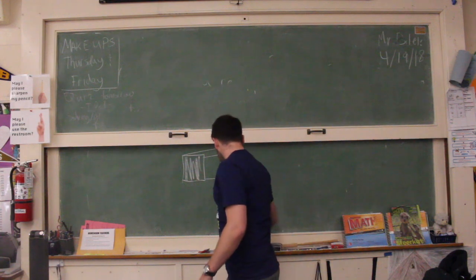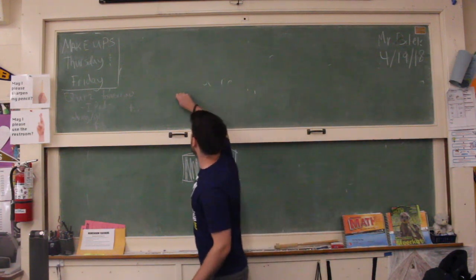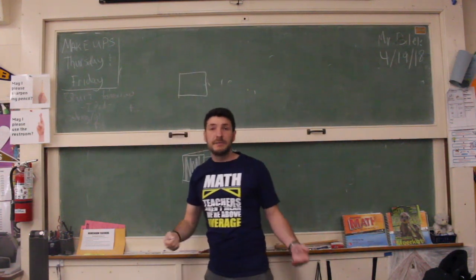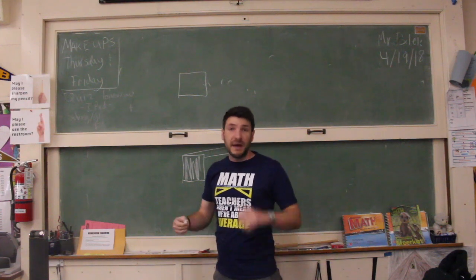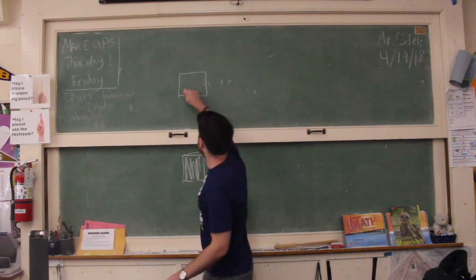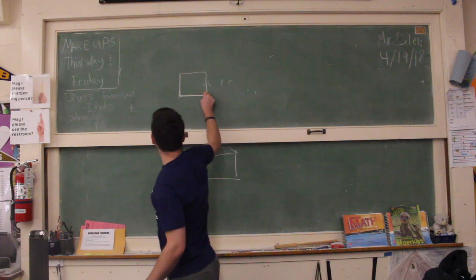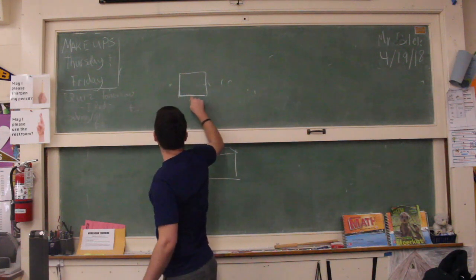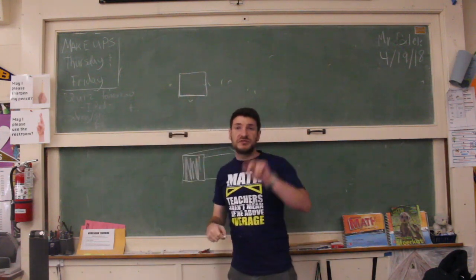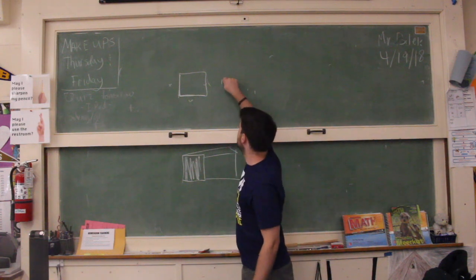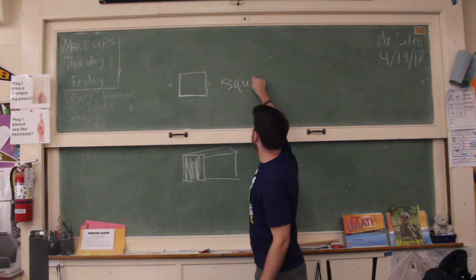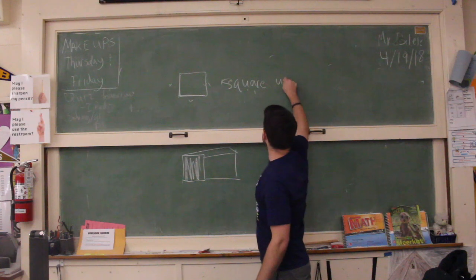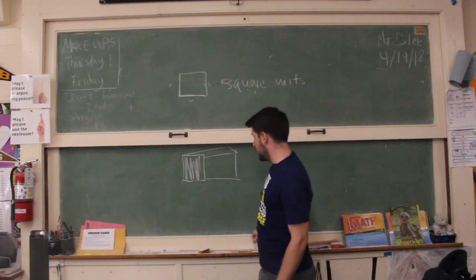So when we think of area, we're measuring for this square length times width, or base times height, whichever one you want to call it, and that's one side and the other side. We multiply those two sides together, our answer is going to be written in square units. Area is square units.